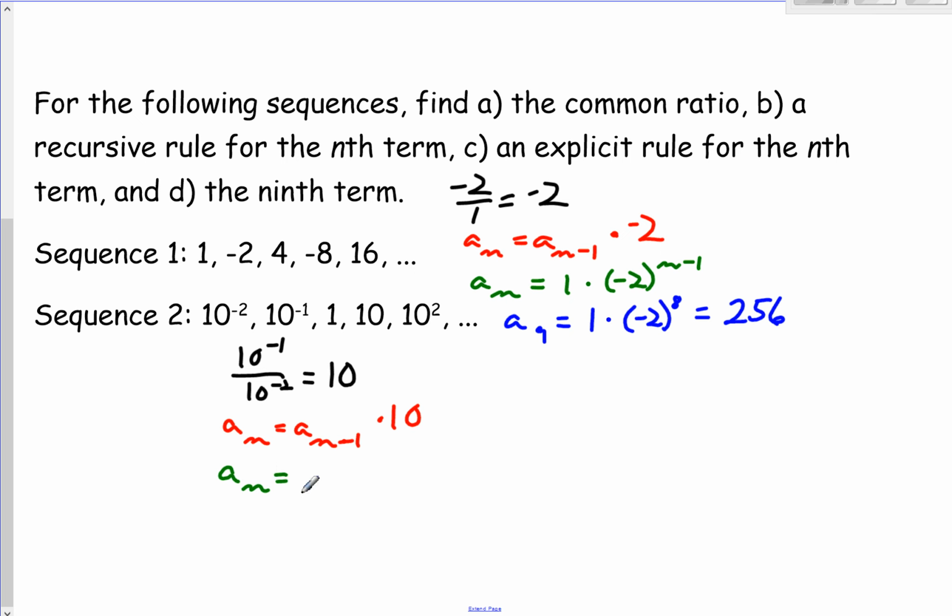Explicitly, each term is the first term, 10 to the negative second, times 10 to the n minus 1. So then my ninth term would be 10 to the negative second times 10 to the 8th, which would be 10 to the 6th, or 1 million.